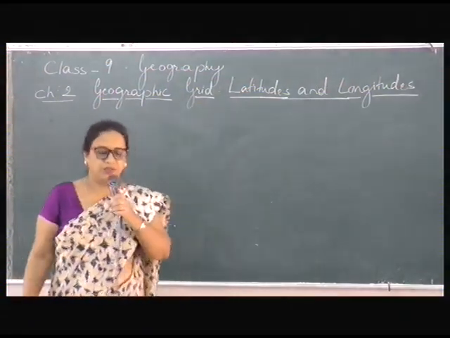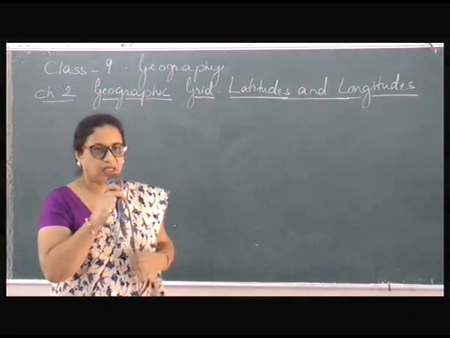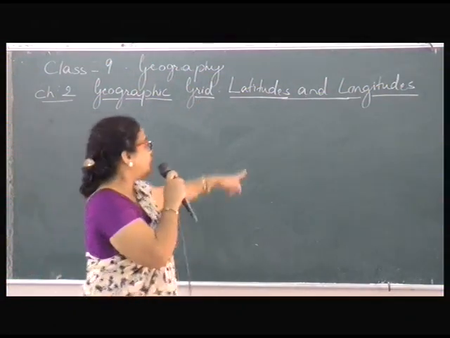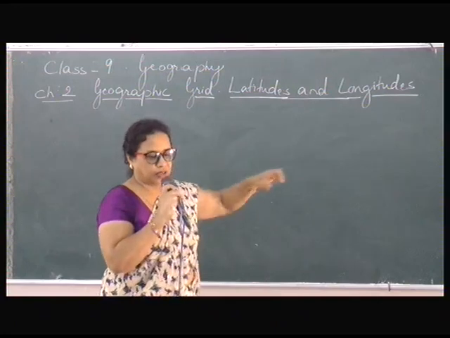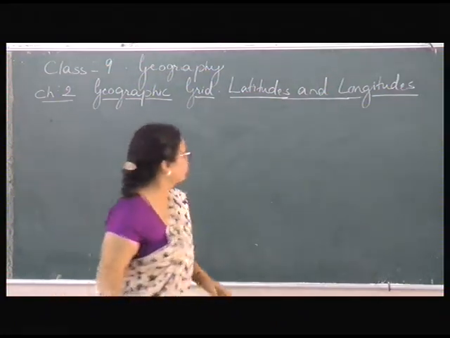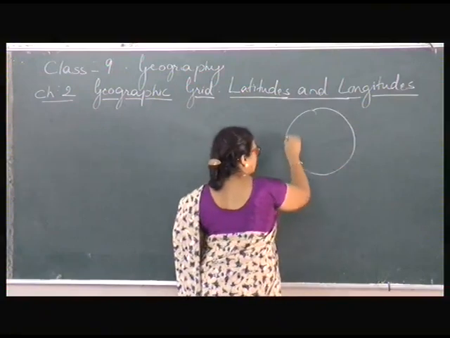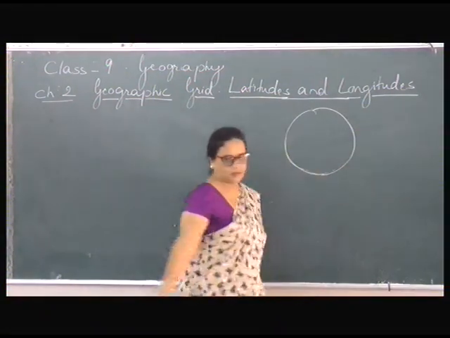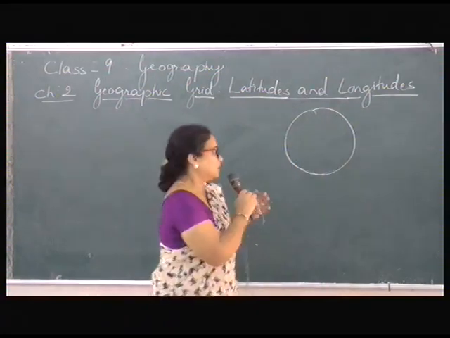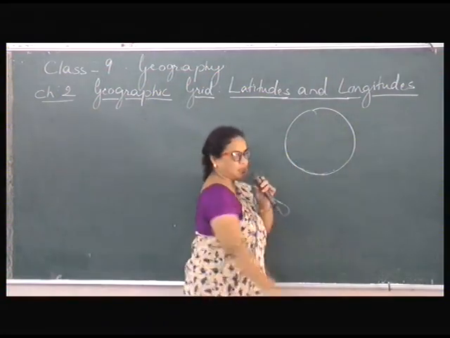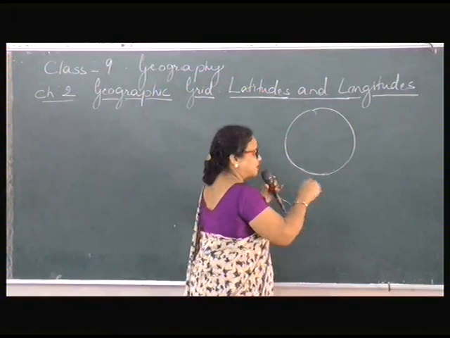The term geographic grid means a crisscross or network of these lines. Now, the earth is generally shown as a circle.